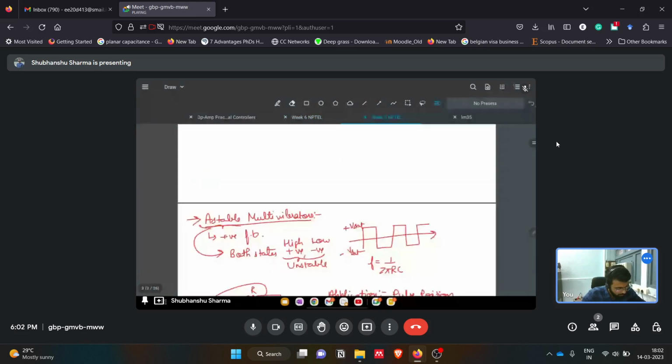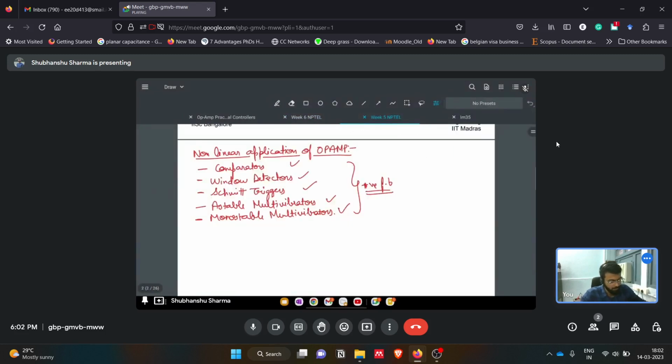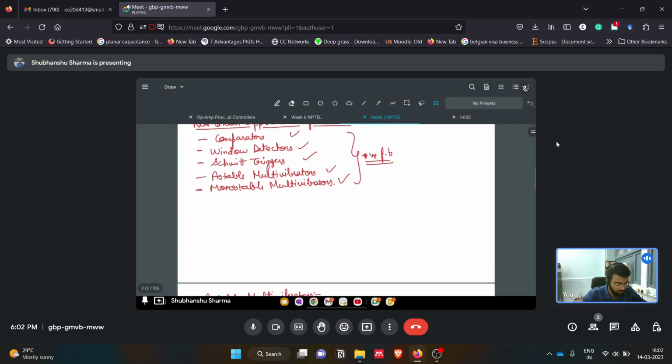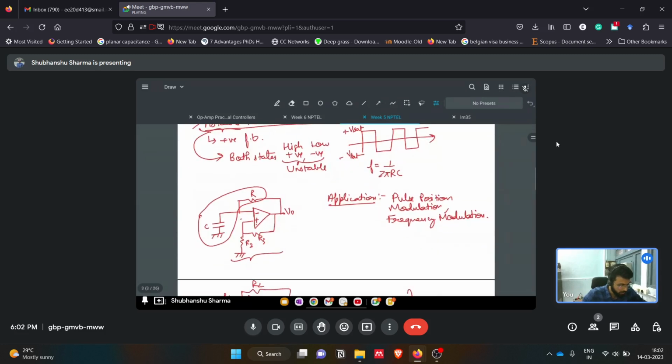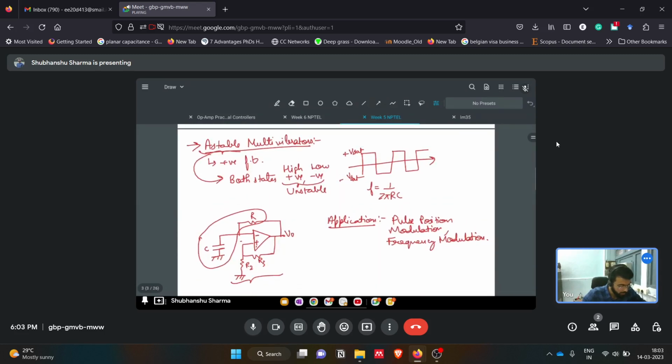In the week five lecture, we went through non-linear applications of opamp, in which we covered comparators, window detectors, and Schmitt triggers. We talked about astable multivibrators and how they work. They are astable because both of their states are unstable.